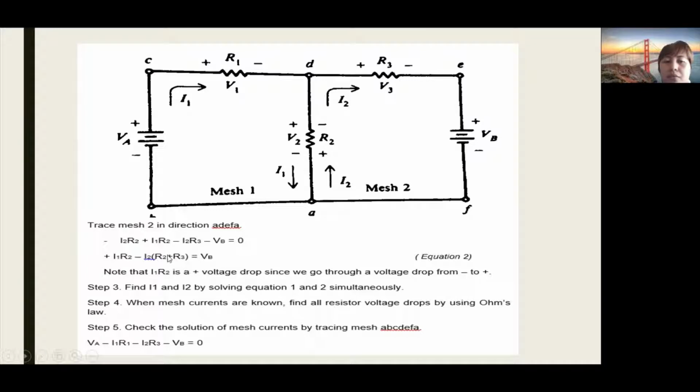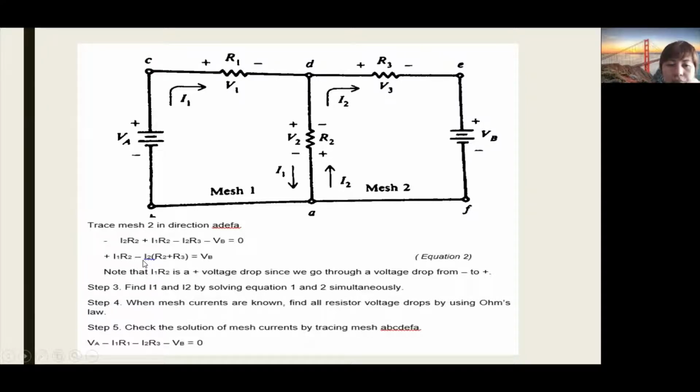So here, I1 plus R2 minus I2. So again, negative I2 and then R3, minus the second voltage applied, which is equal to 0. So this will become positive I1, again, transposition. So I1, R2.